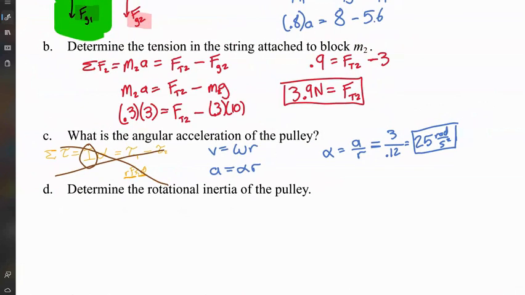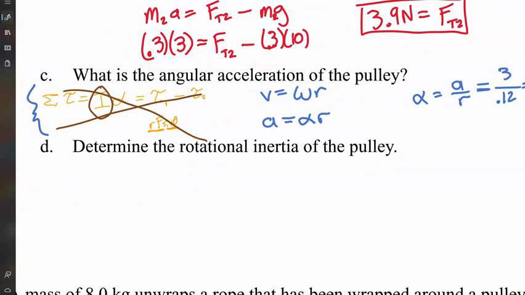Last but not least is determine the rotational inertia of the pulley. Well, remember this approach that we were talking about, that we didn't have I to solve for alpha? Well, now we have alpha, so we can solve for I. So the sum of the torques on the pulley is equal to I alpha, and then torque of tension 1 minus torque of tension 2. I we don't know.